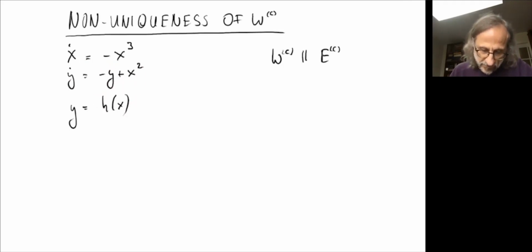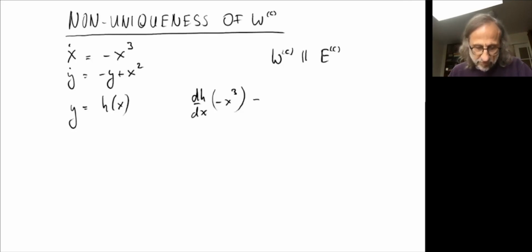And so we have the equation that dh by dx times x dot, which is minus x cubed, has to be equal to y dot, which is minus h plus x squared.